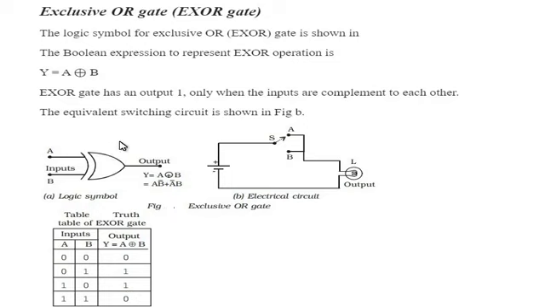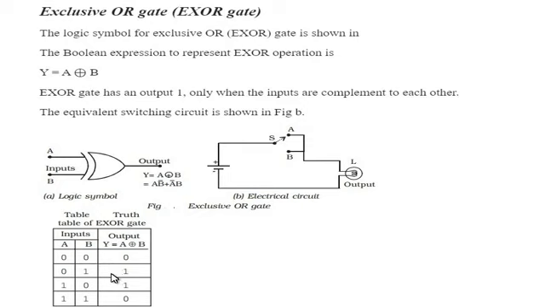Now this is the electrical circuit for the XOR gate. Now let us see what is the logic or definition of this XOR gate. Either A is true or B is true, but not both, then Y is true.